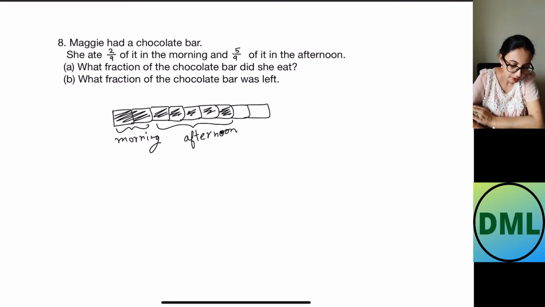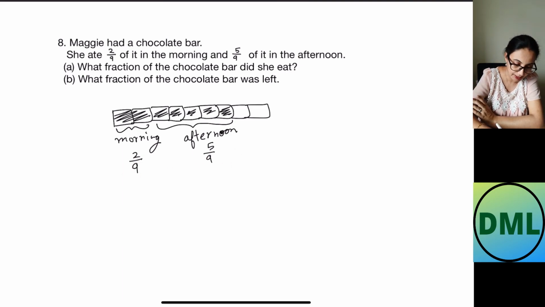What they are asking is, what fraction of the chocolate bar did she eat? So how many parts did she eat altogether? In the morning she ate 2 by 9. In the afternoon she ate 5 by 9. How much did she eat altogether? That means I need to add. Let's add it: 2 by 9 plus 5 by 9.